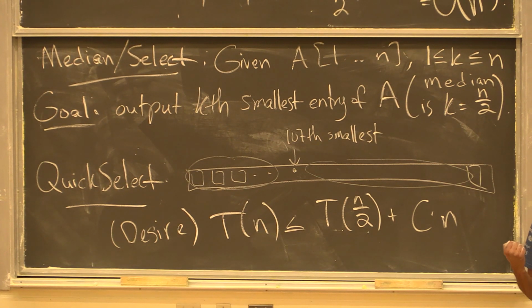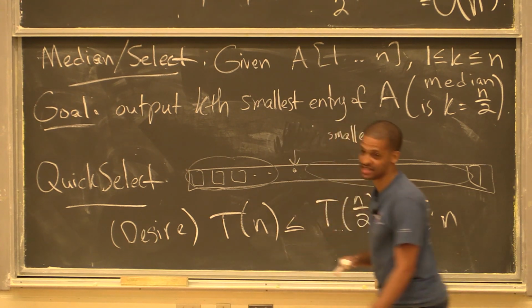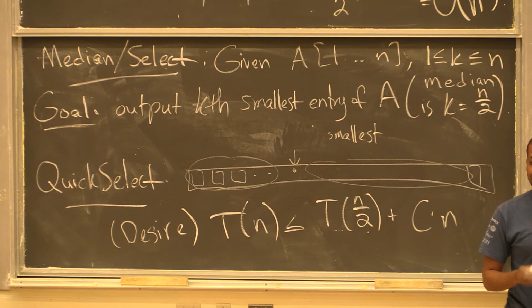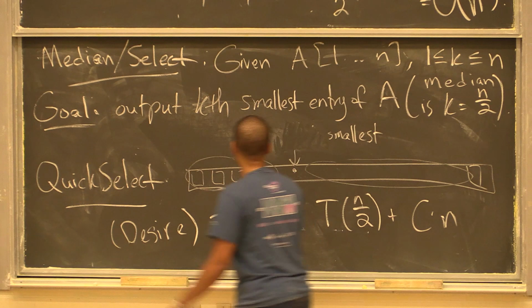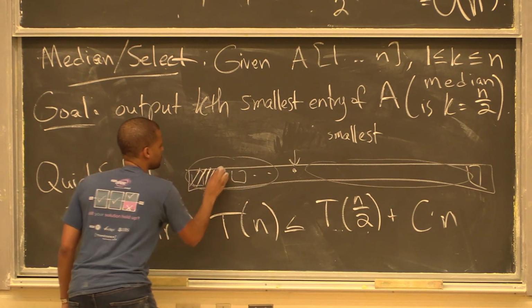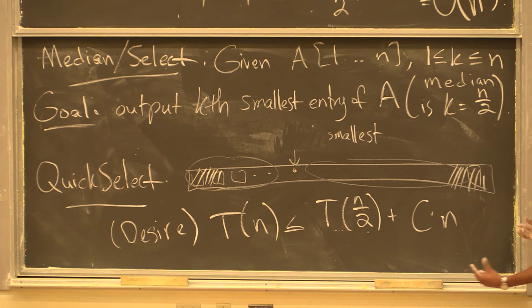Okay? But on the flip side, what's the bad case? The bad case is that the pivot is, let's say, the smallest element, or the second smallest, or the third smallest, or maybe it's the largest element. The bad case is that the pivot is either really small or really large. It's in one of these two regions at the end.